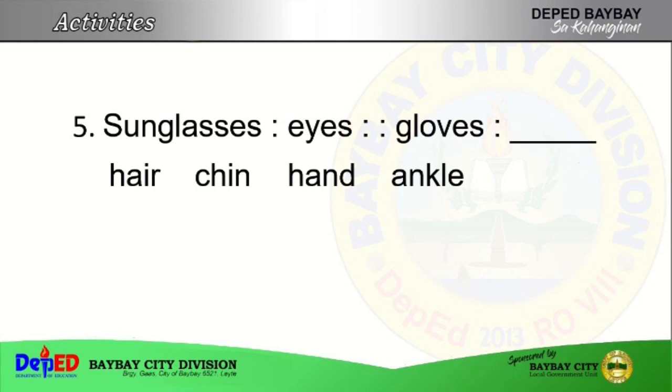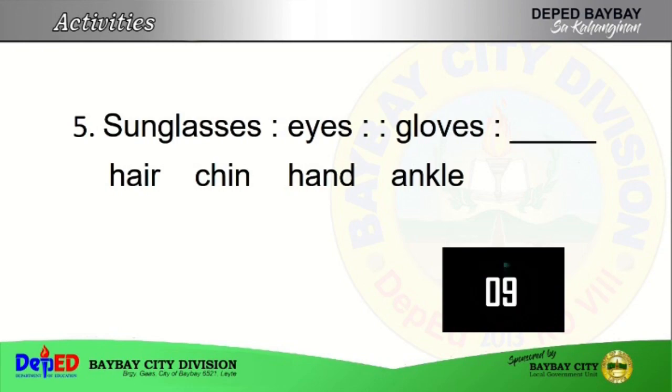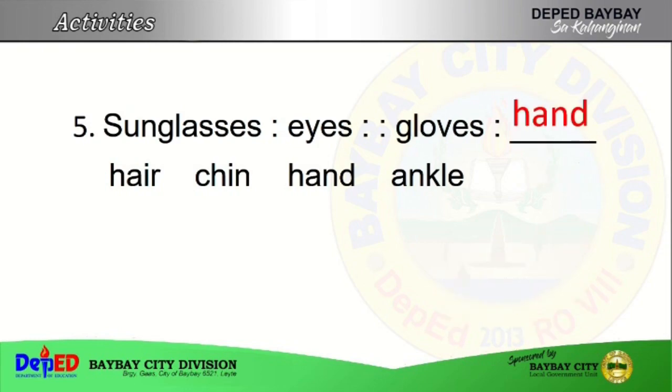Number 5. Sunglasses is to eyes as gloves is to blank. Hair, chin, hand, ankle. The correct answer is hand.